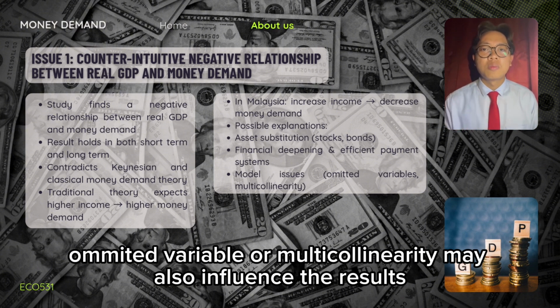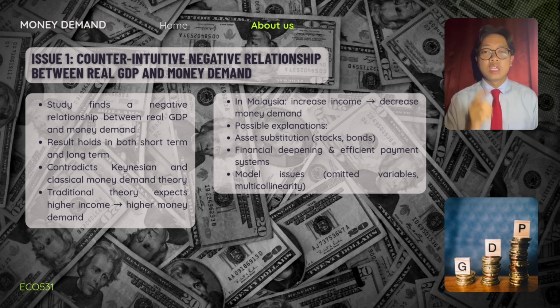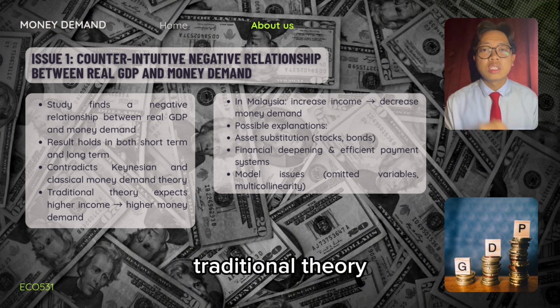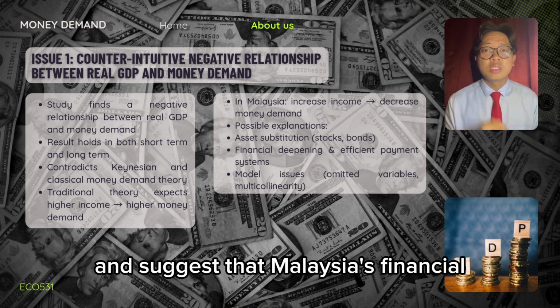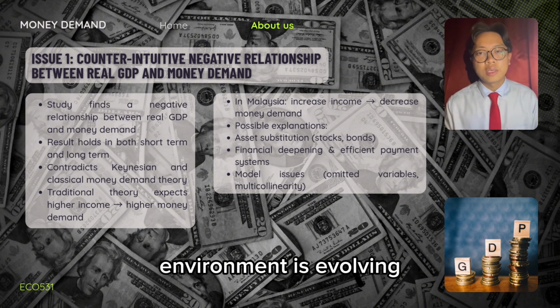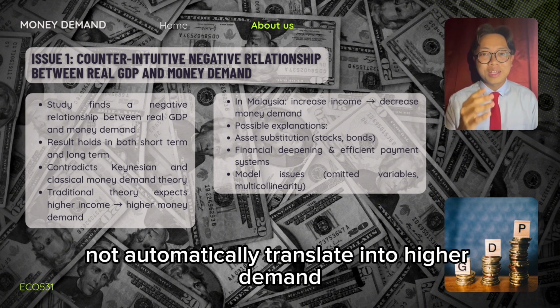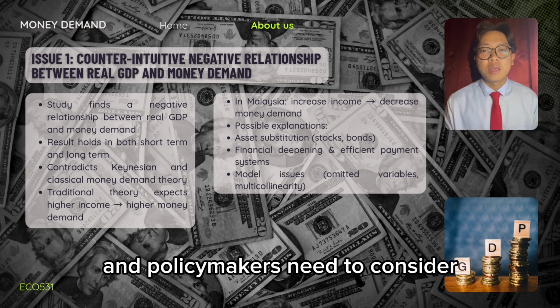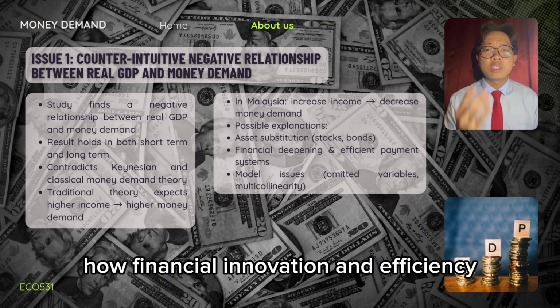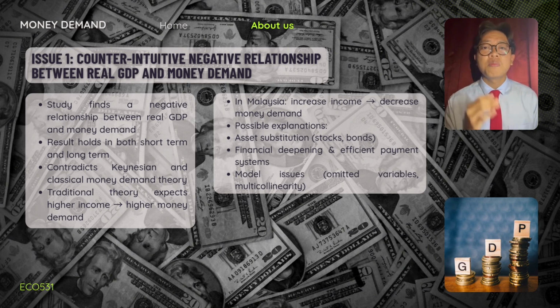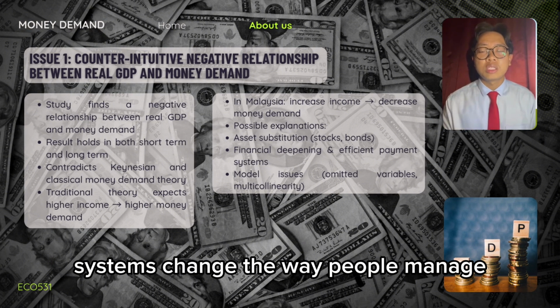Factors like omitted variables or multicollinearity may also influence the results. These findings challenge traditional theory and suggest that Malaysia's financial environment is evolving. It shows that economic growth does not automatically translate into higher money demand, and policymakers need to consider how financial innovation and efficiency in payment systems change the way people manage liquidity.